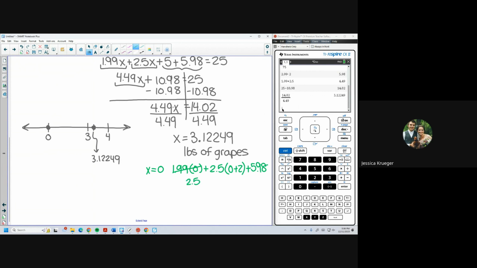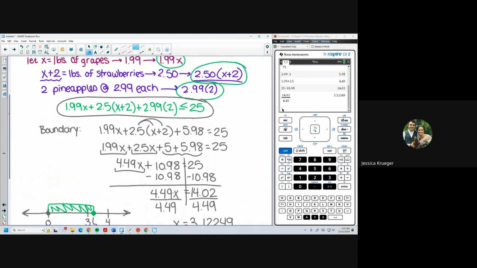So that's 2.5 times 2 plus 5.98. And I need this to be less than or equal to 25. 5 plus 5.98 gives me 10.98. Is that less than or equal to 25? Yes, it is. So I can definitely buy up to this many pounds or less, but not below 0.